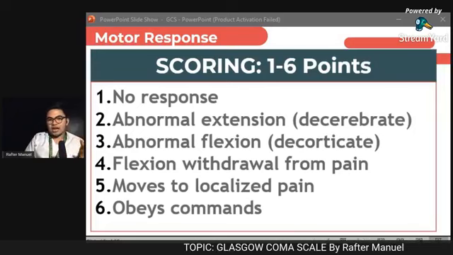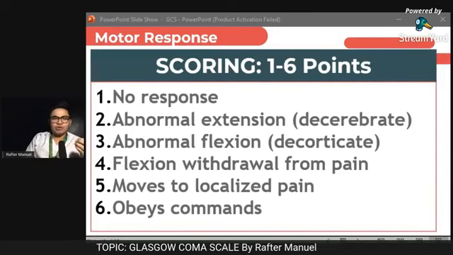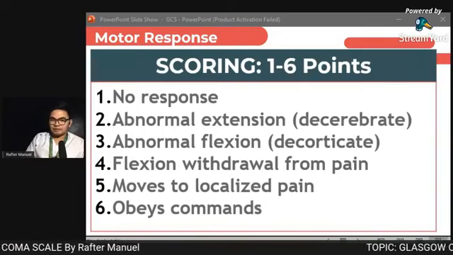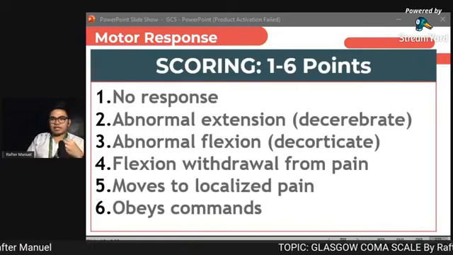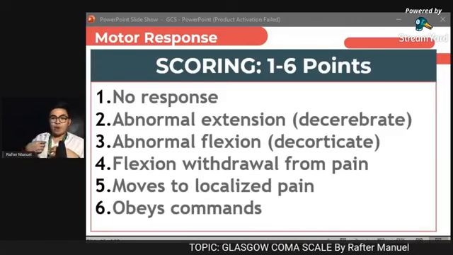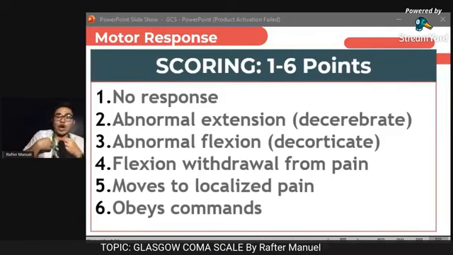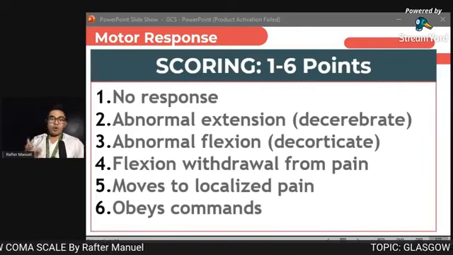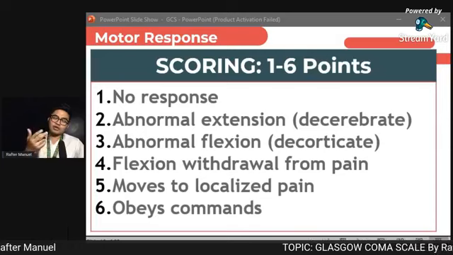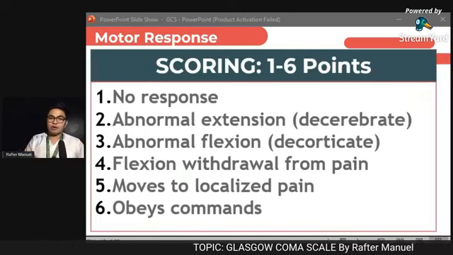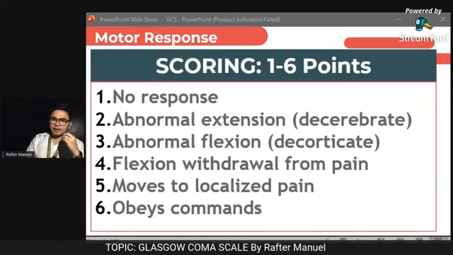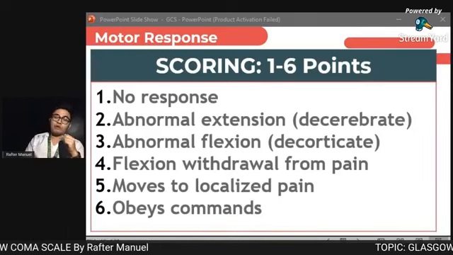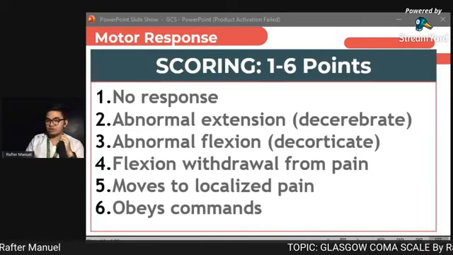You see here, the lower level subcortical is starting to get into some sort of brainstem dysfunction. Okay? So again, it's very important for us to distinguish withdrawing from pain and localizing to pain, because it definitely signifies a change not only in the score of your patient's GCS, but also the hierarchy of processing that your patient is able to do as a result of whatever is going on with their injury.